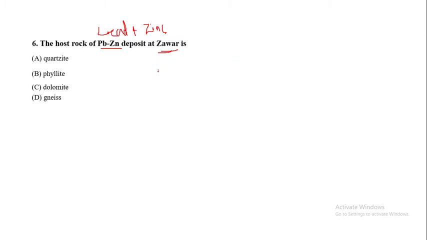First is Mochia. Second is Balaria. And the third is Sawarmala.